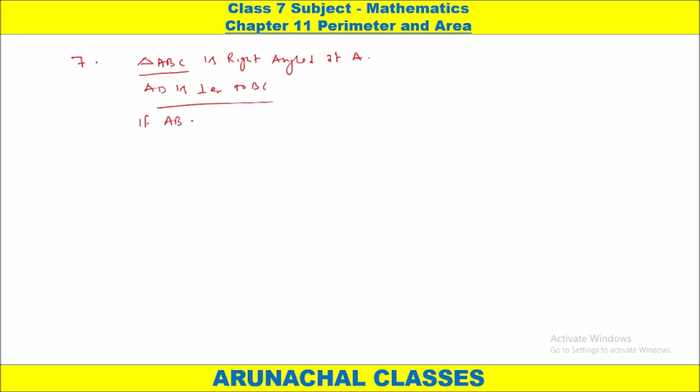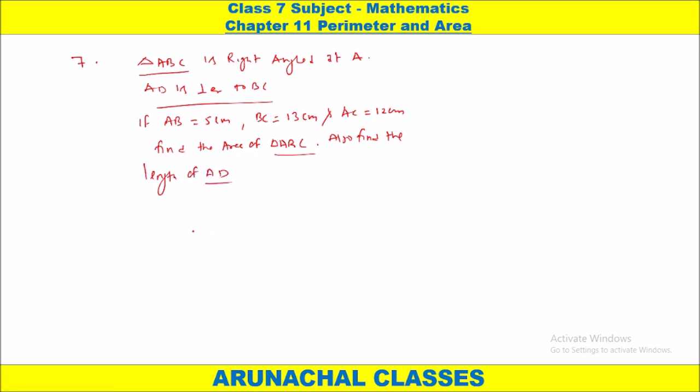If AB is given as 5 centimeter, BC is given as 13 centimeter and AC is given as 12 centimeter, find the area of triangle ABC. Also find the length of AD. Just draw this triangle now.